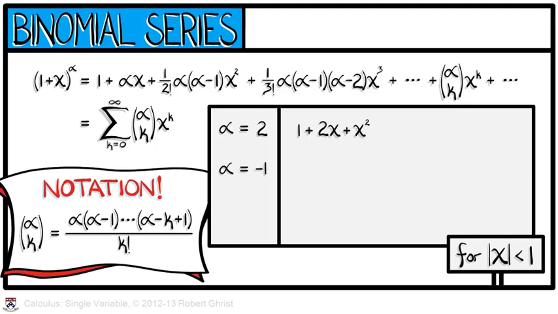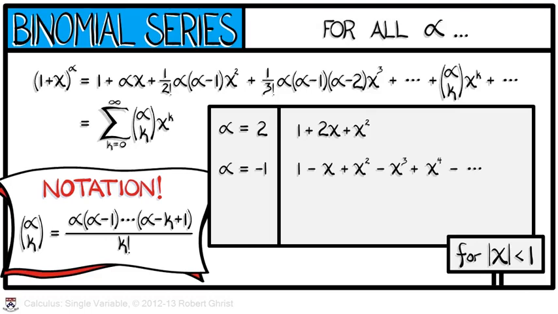When alpha equals -1, we're really looking at a variation of the geometric series for 1 over 1 plus x. This, however, holds for all values of alpha.